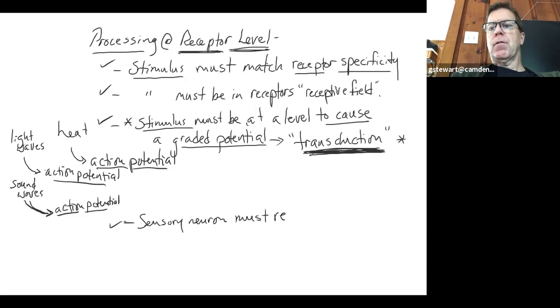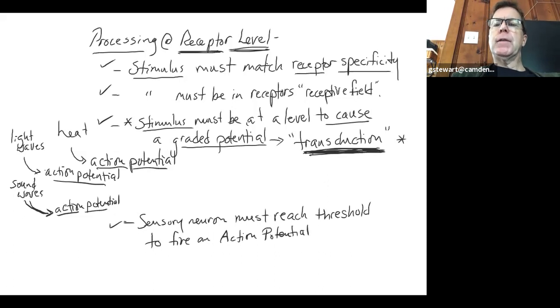So the sensory neuron must reach threshold from that graded potential to fire an action potential to the brain. All these conditions must be met in order for a signal to actually get to our brain, for our brain to sense it.